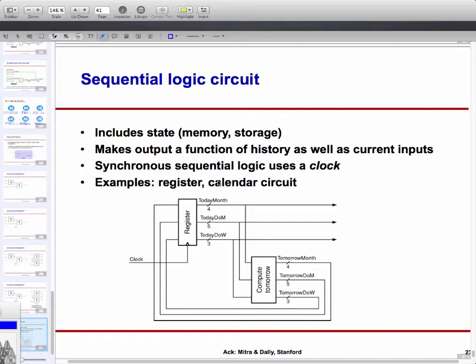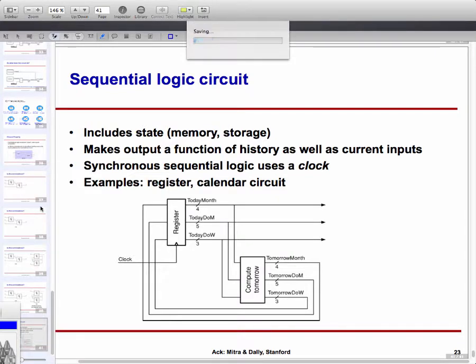So combinational stuff is the building block, and then we combine them together with these registers to create complete computing systems. So sequential is what eventually one has to design, but combinational is a critical base to do that.